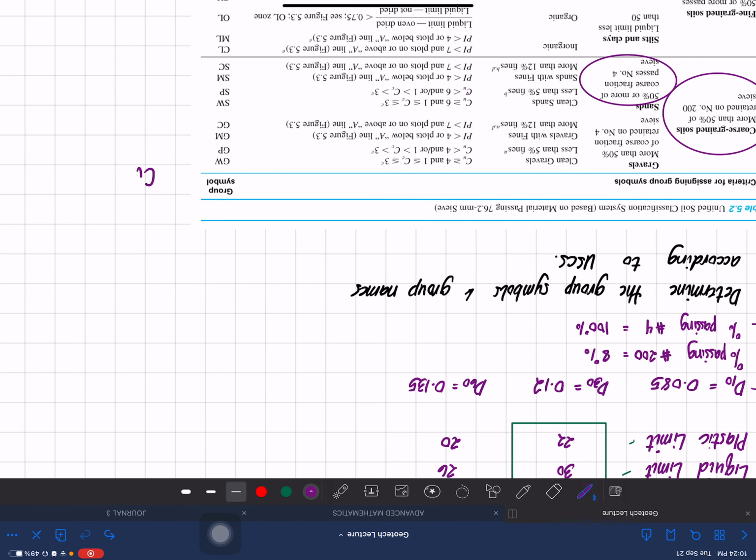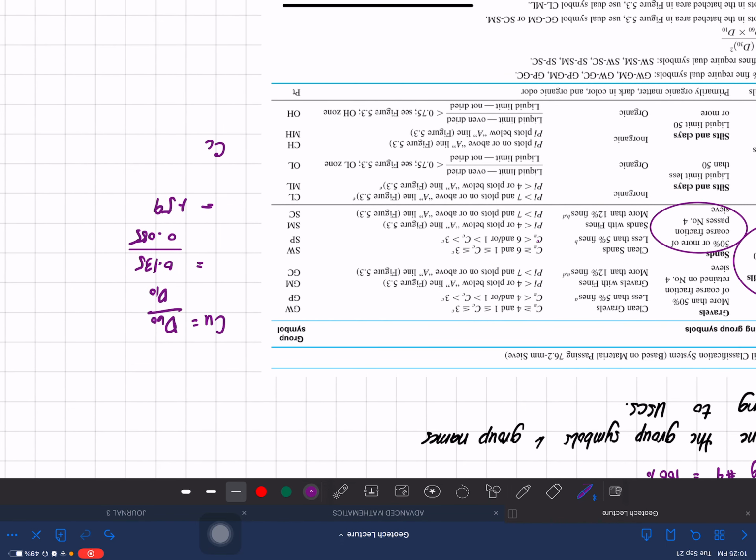So, if you can still remember the formula, compute muna natin yung uniformity coefficient, and that's just equal to D60 over D10. Okay. And that is now 0.135 over 0.085. Okay, so the uniformity coefficient now is 1.59. How about the CC, coefficient of gradation?